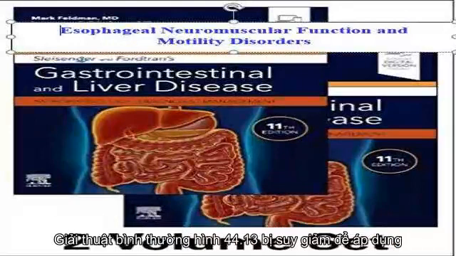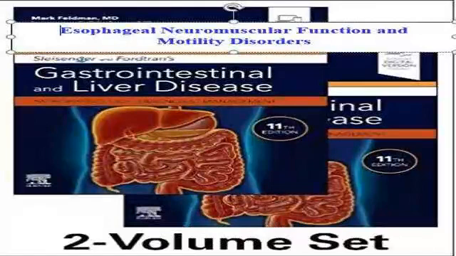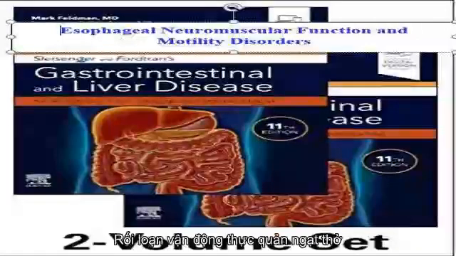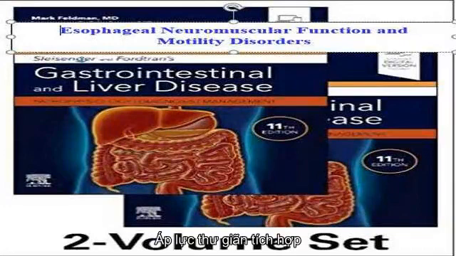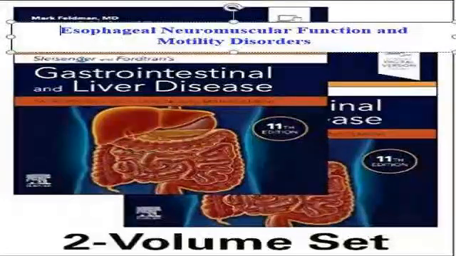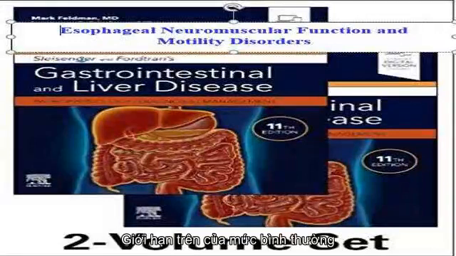Fig 44.13, algorithm for applying the Chicago classification of esophageal motor disorders. DCI, distal contractile integral; DL, distal latency; EGJ, esophagogastric junction; IBC, isobaric contour; IRP, integrated relaxation pressure; PEP, panesophageal pressurization; ULN, upper limit of normal. See Table 44.2 for more detail.